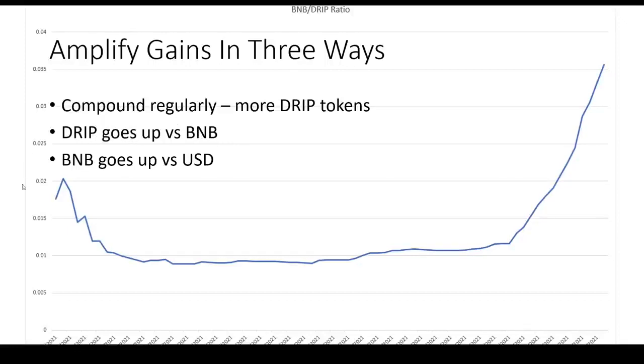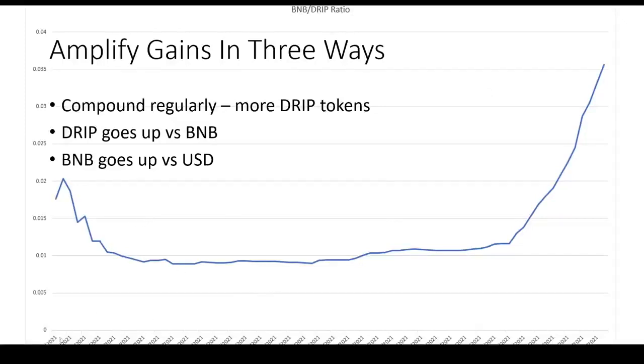This chart here is one I put together myself. I went into the Fountain contract, and every day at 0000 UTC, I look at the price of DRIP versus BNB, BNB versus DRIP, however you want to call it.